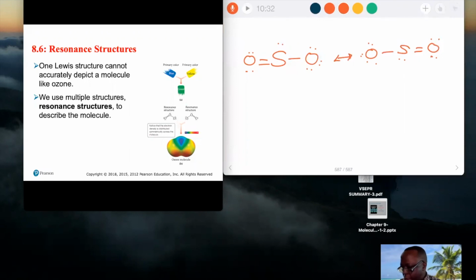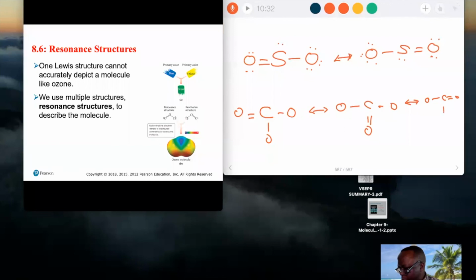Carbon dioxide, carbonate: a double bond can be on this side, it can be on this side, a double bond can be on this side, or a double bond can be on this side of the molecule.